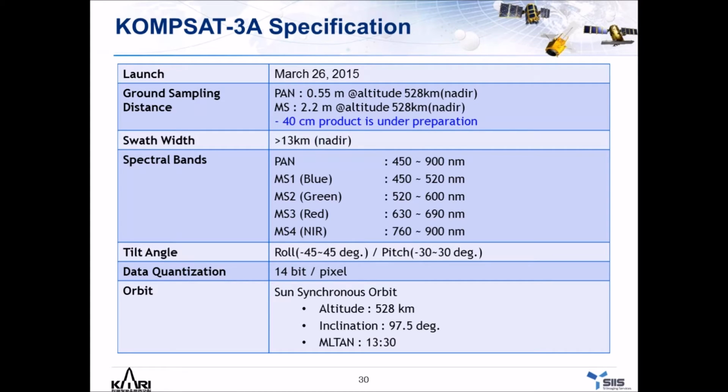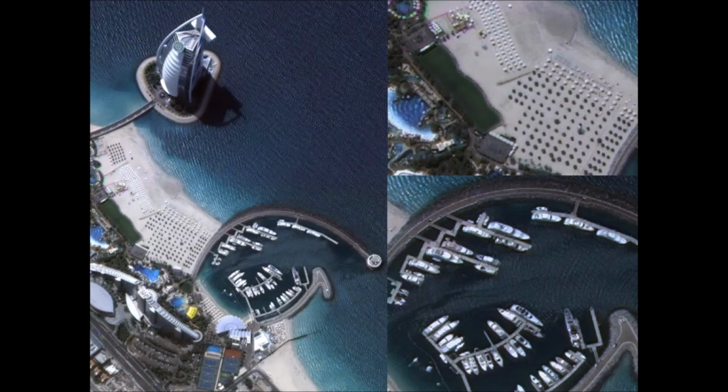The spectral band and data quantization are exactly the same as Kompsat-3, so it also provides 14 bits per pixel, and it also acquires images in the afternoon, at 1:30. It will be officially commercialized in June or early July. So this is an example image of Kompsat-3A.